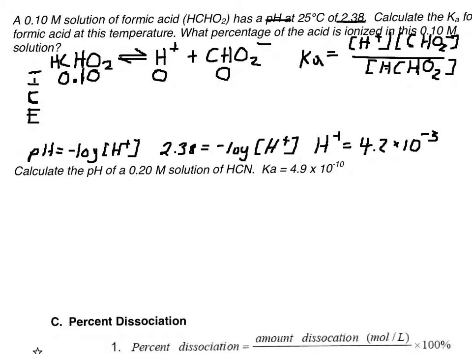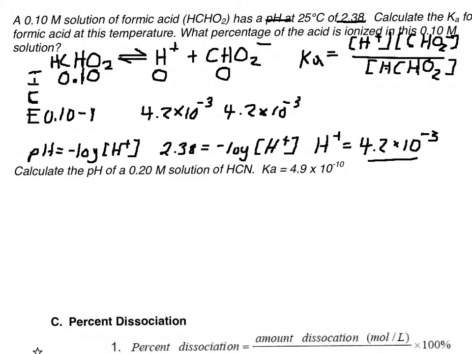Now, what we found here is the equilibrium value of hydrogen ion, so that number goes down here. According to this equation, the hydrogen ion and my anion are made in a 1-to-1 ratio, so they're going to be the same number. Then the equilibrium value for the HCHO2 is 0.1 molar minus that 4.2 times 10 to the negative third.